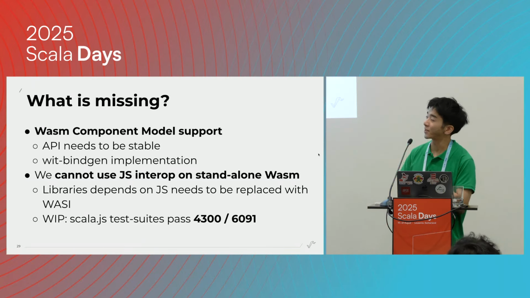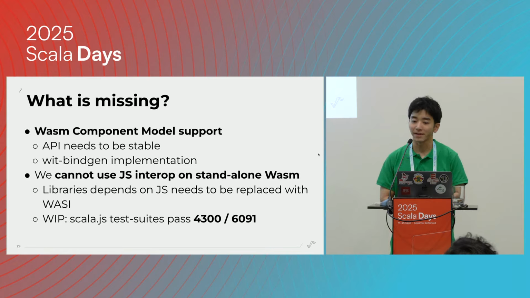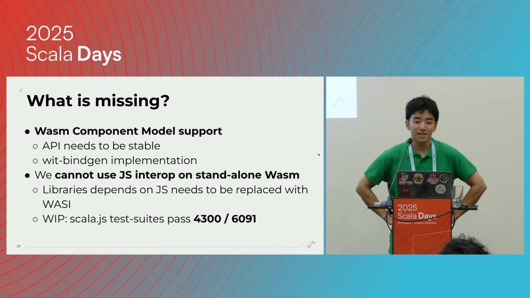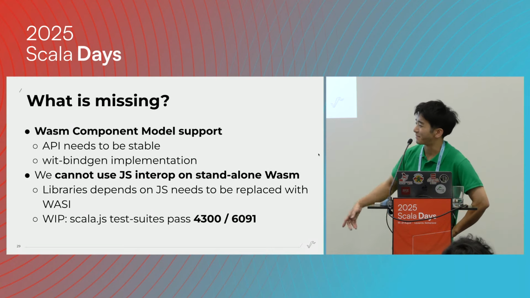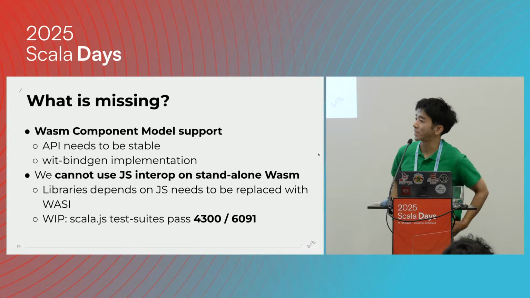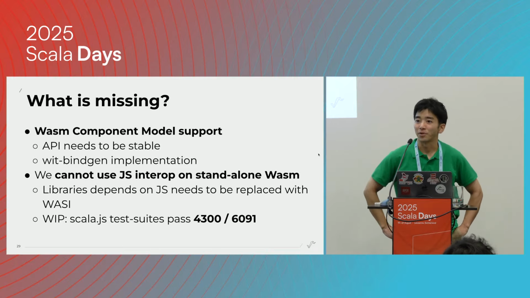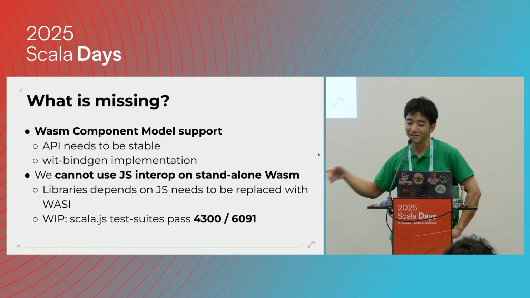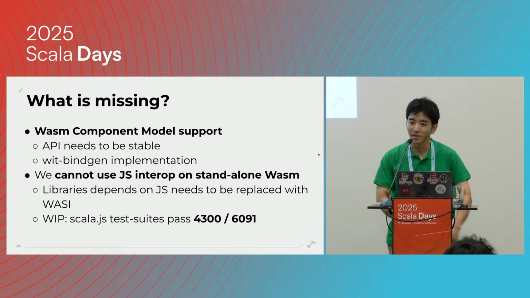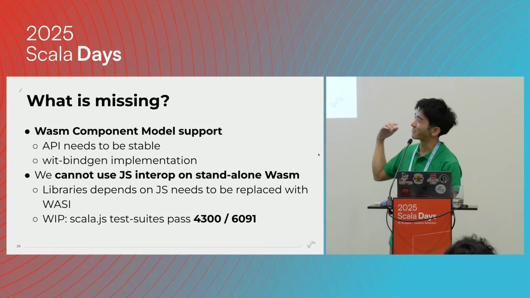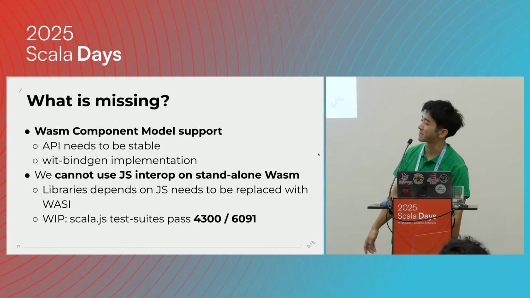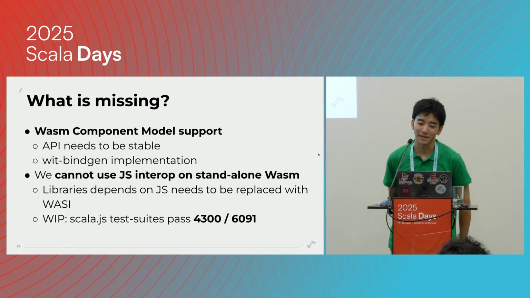All right, now I talked about the benefits of server-side Wasm, and I showed some demos. But I said the server-side Wasm compiler is still a work in progress, so what is missing? One is the Wasm component model support, because I'm not very proud of my current API design for it, so I need to polish and finish it, and I also need to implement the WIT binding based on the API.